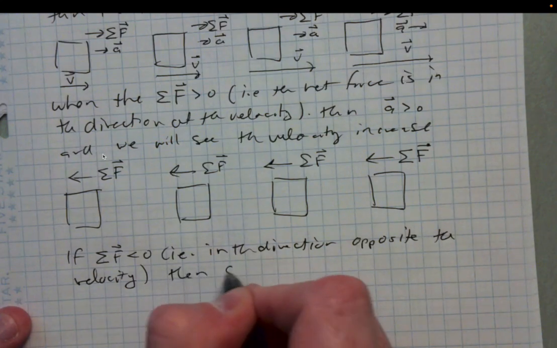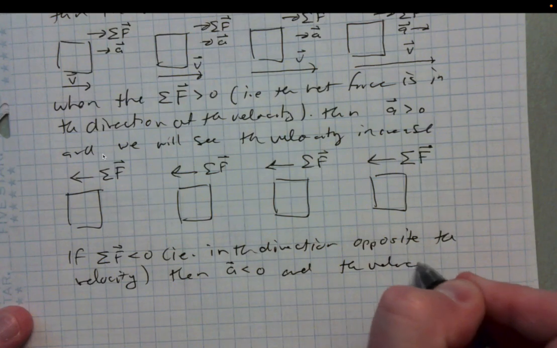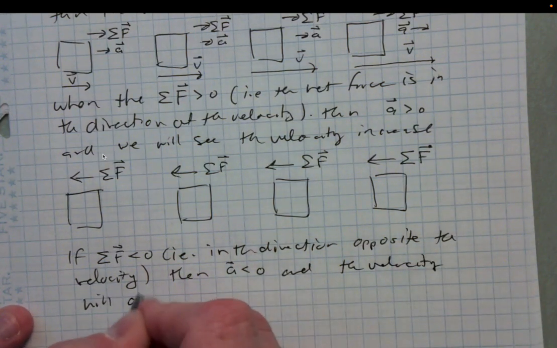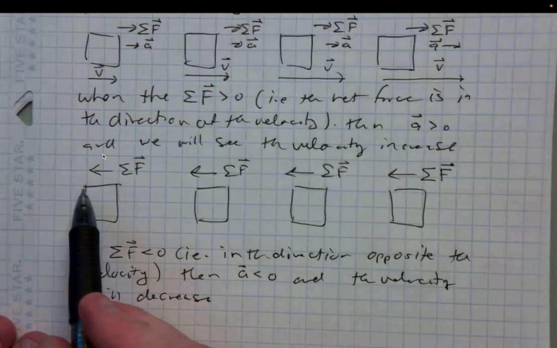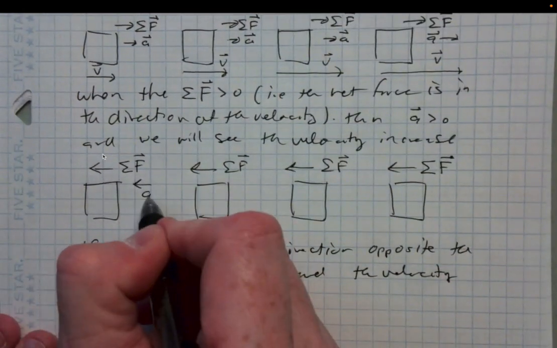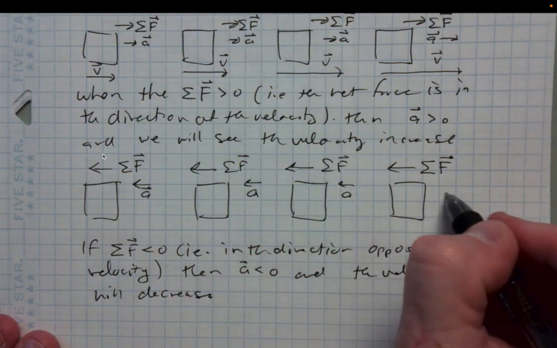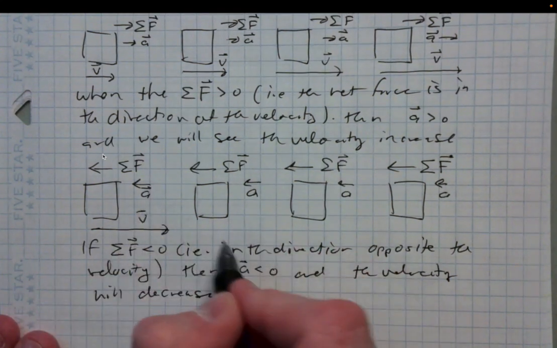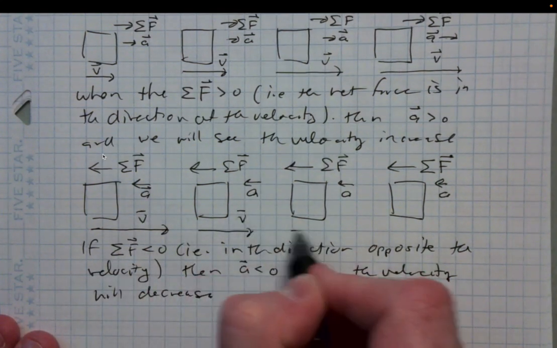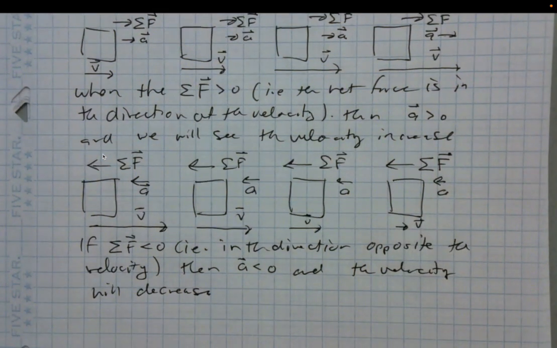Well, the acceleration will be in that same direction, and the velocity will decrease. So imagine if I have a net force pushing off to the left, then I'm going to have an acceleration vector in that direction, aren't I? And so if my velocity starts out like this, then it's going to slow down. So my velocity would decrease and eventually stop and turn about.